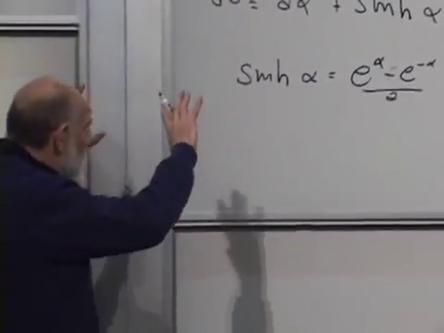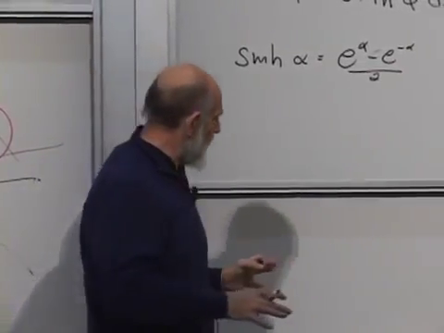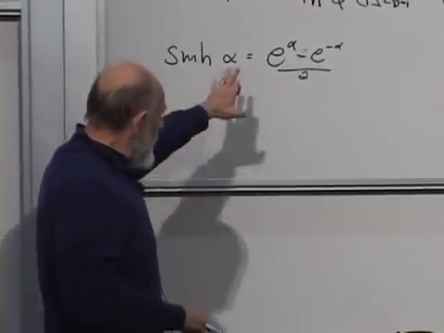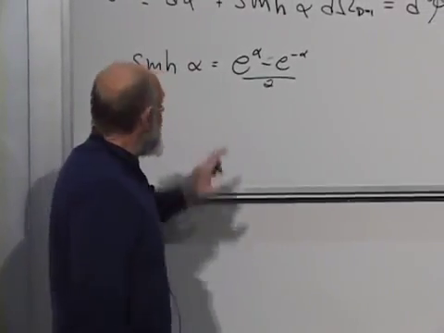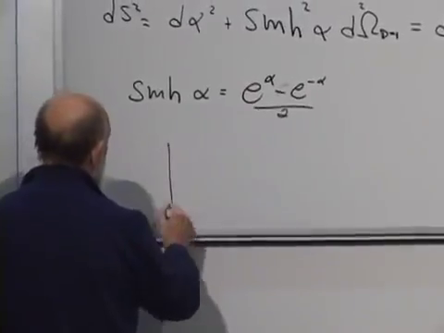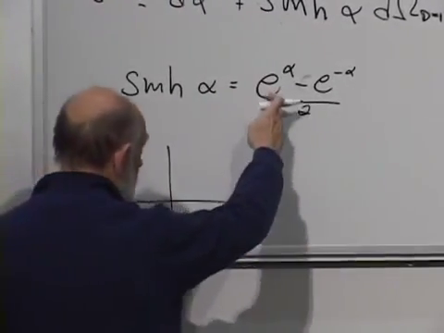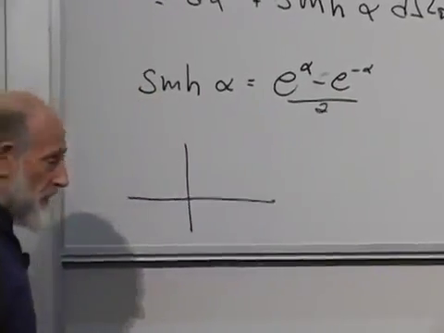But let me just tell you the mathematical facts, and then we'll think about what they mean. Alpha goes from 0 to infinity. When alpha is 0, the hyperbolic sine is 0, so is the ordinary sine. These two cancel for alpha equals 0.